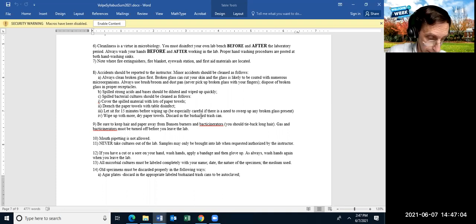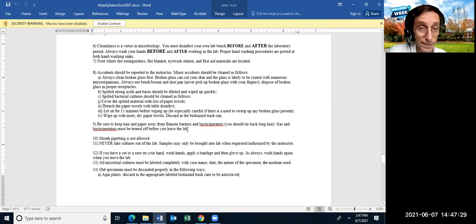Like if you're working with a glass test tube, it should be put in a place in the back of the lab that we store the, not the glass petri dish, the glass test tube, sorry. The petri dishes and anything that's plastic can be put in the biohazard trash.